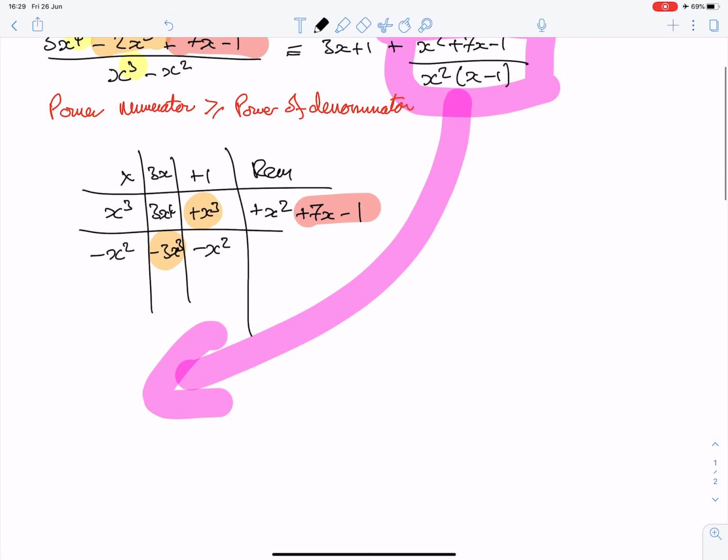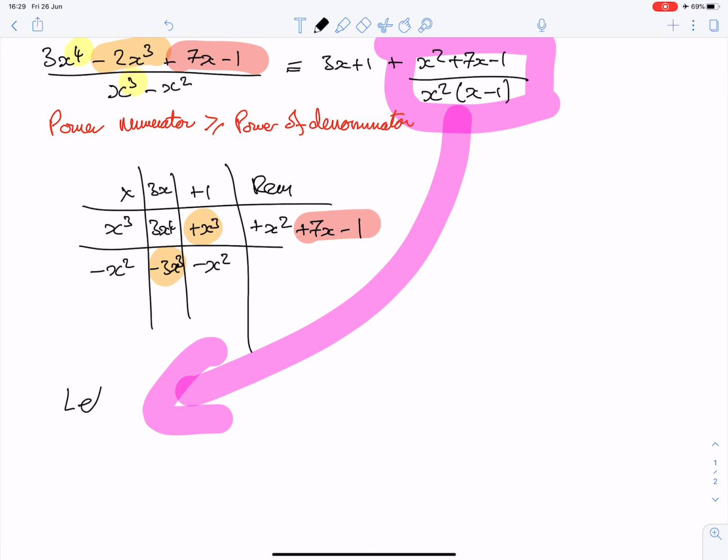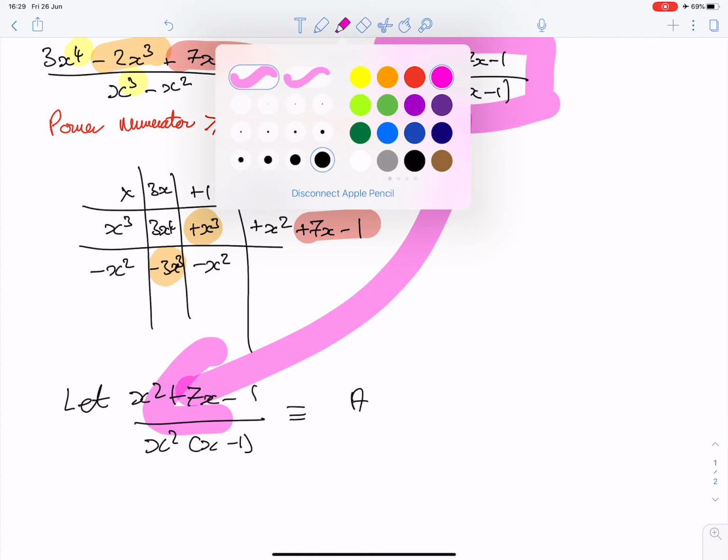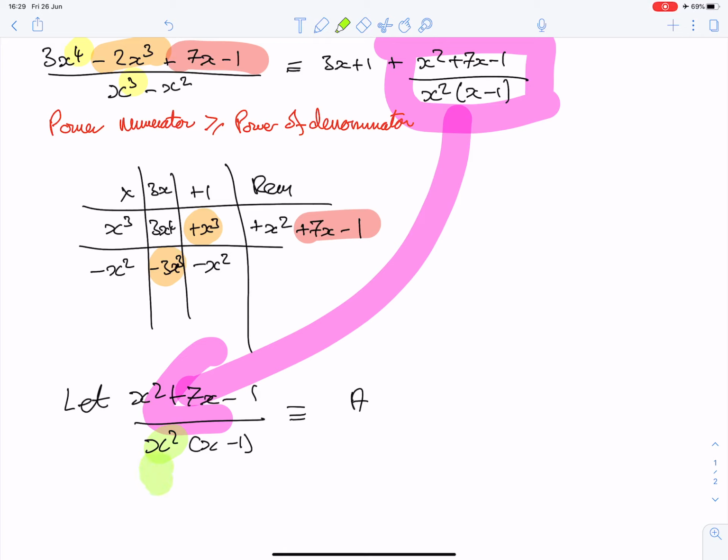So let x squared plus 7x minus 1 over x squared times x minus 1 be identical to A. We've got a repeated factor here, so it's going to give us two outcomes: A over x squared plus B over x plus C over x minus 1. That's a linear term.